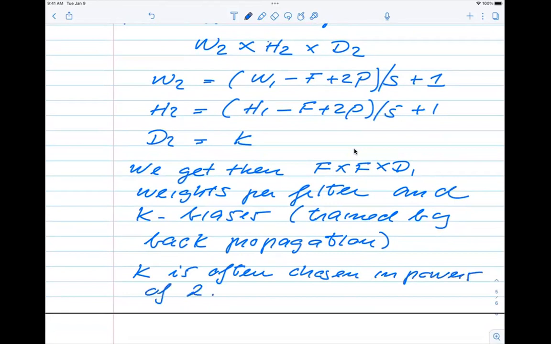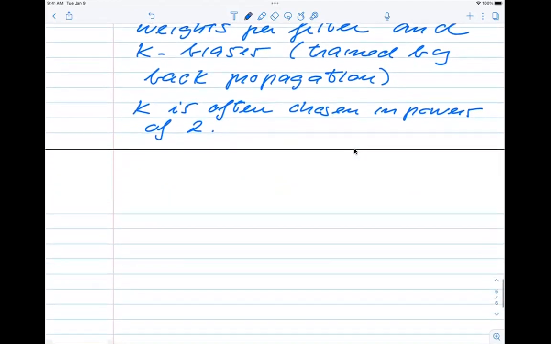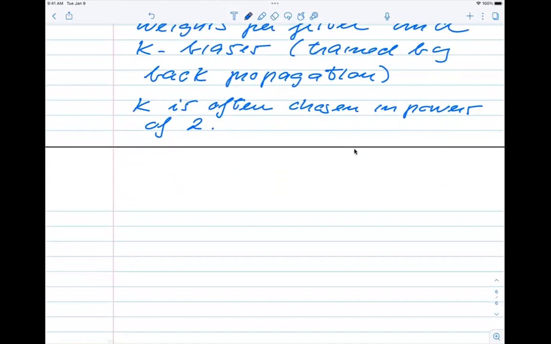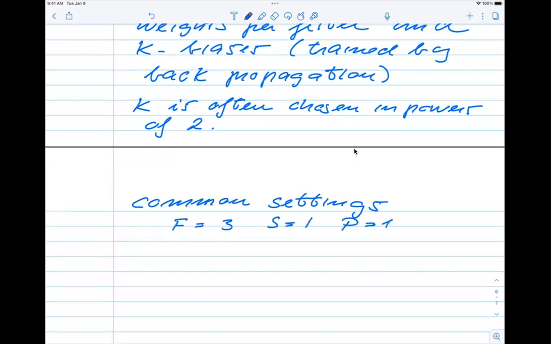You will often see that in many of these applications, you use powers of 2 as a way to set up matrices, etc. So the common settings which you will often encounter is F equal to 3, S equal to 1, and padding equal to 1.